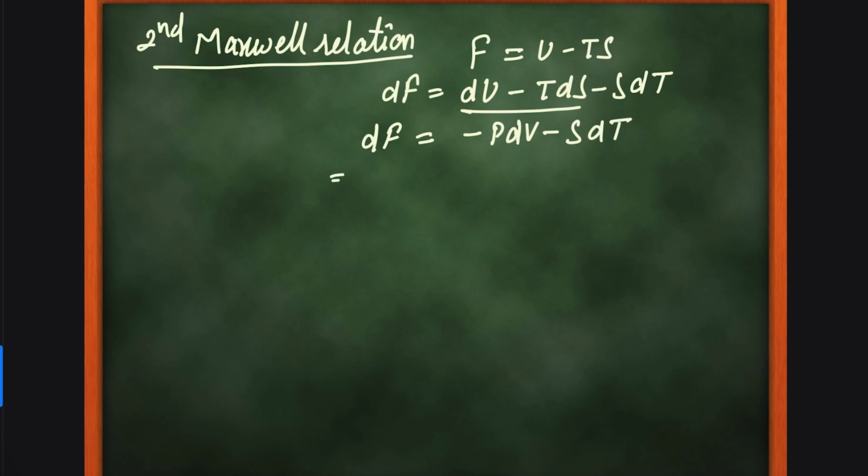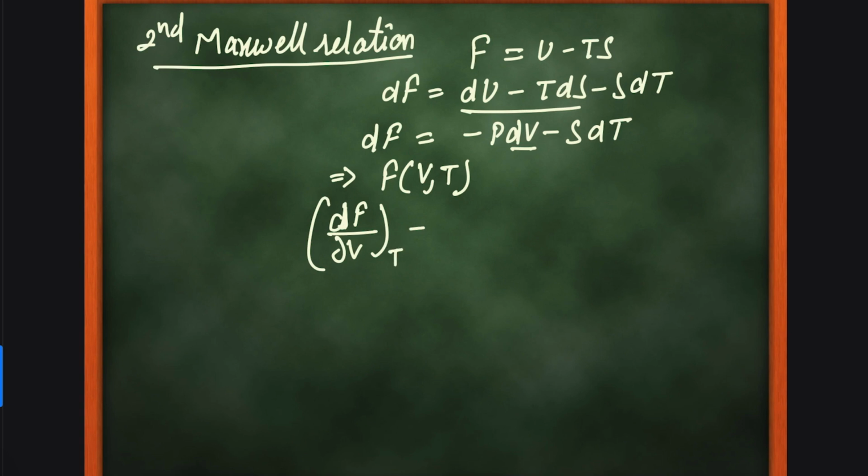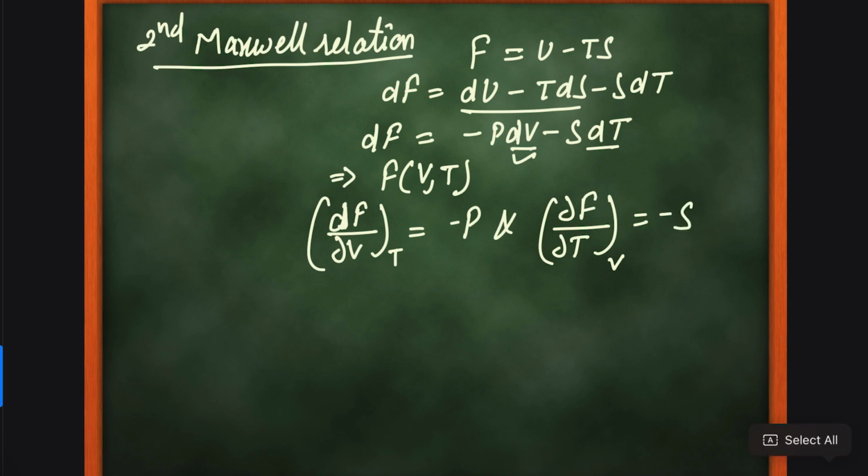This implies that F is depending upon V and T. So the partial derivative of F with respect to V, keeping T constant, is equal to minus P, and del F del T, keeping V constant, is equal to minus S.